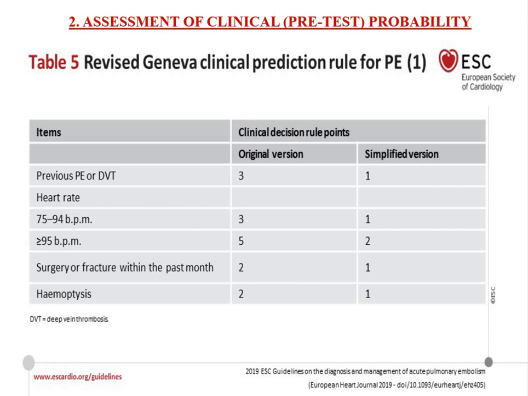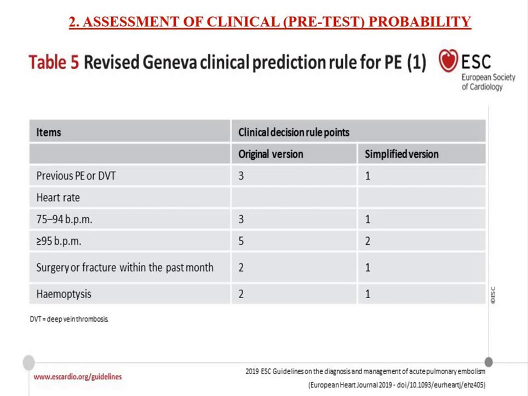The value of empirical clinical judgment has been confirmed in several large series. Clinical judgment usually includes commonplace tests such as chest X-rays and electrocardiograms for differential diagnosis.